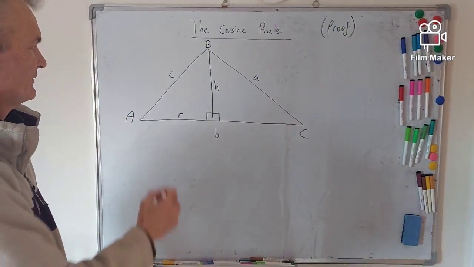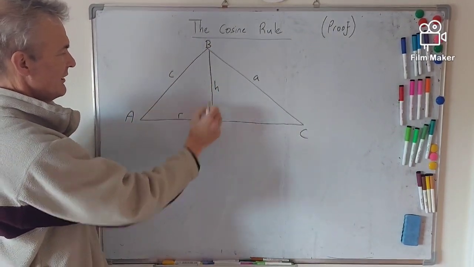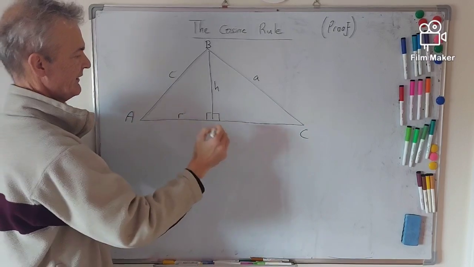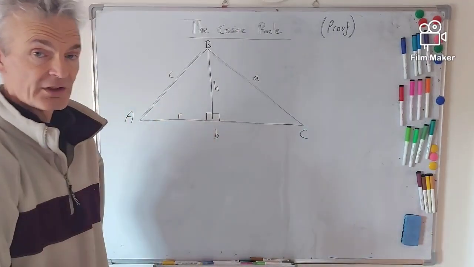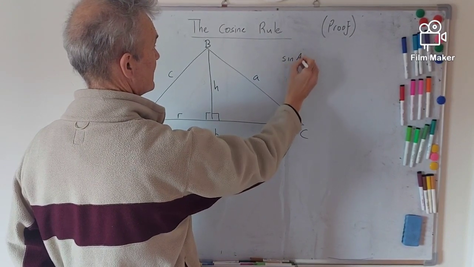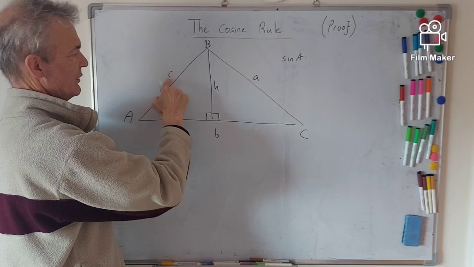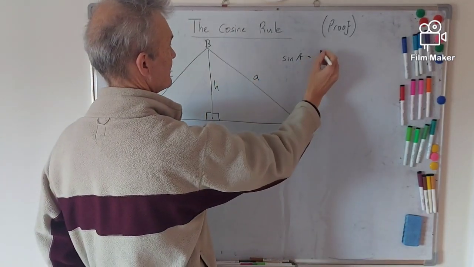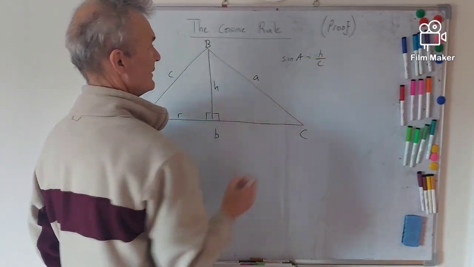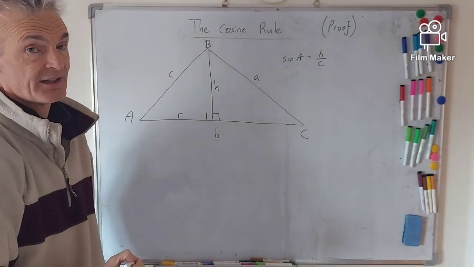So if we look at this triangle here to start with, what we can say here is, using SOHCAHTOA, we can say that sine A equals opposite over hypotenuse, like so. And all I'm going to do here is to rearrange it so that I get H equals.